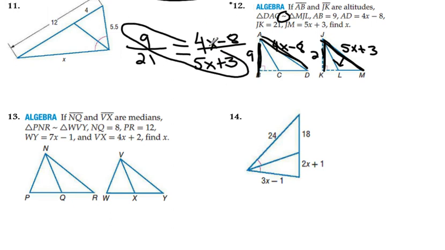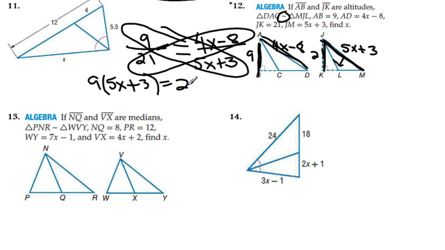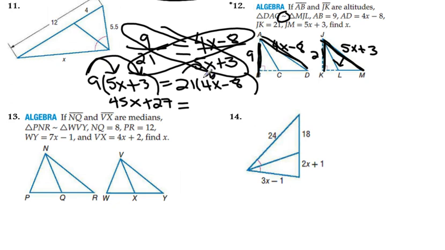Cross multiplying, I'm going to get 9 all times the quantity 5x plus 3, and that'll equal 21 all times the quantity 4x minus 8. 9 times 5x is 45x plus 9 times 3, which is 27. That equals 21 times 4x, which is, excuse me, 84x. And then minus 21 times 8, which is a negative 168.